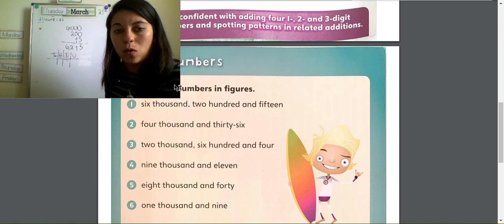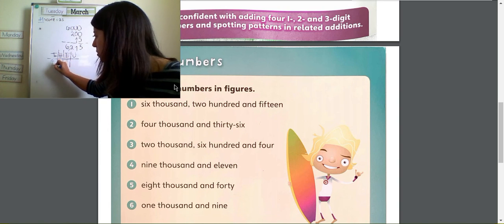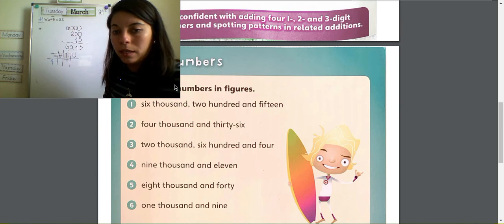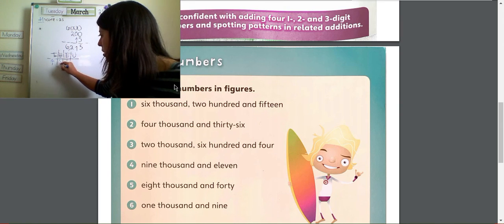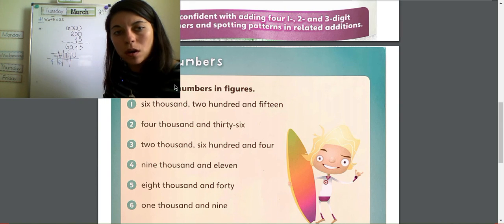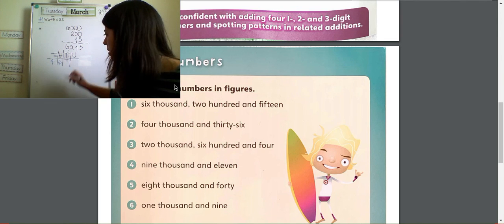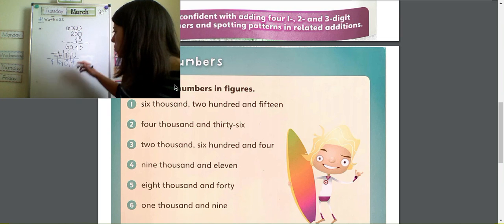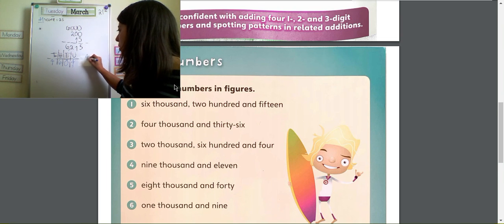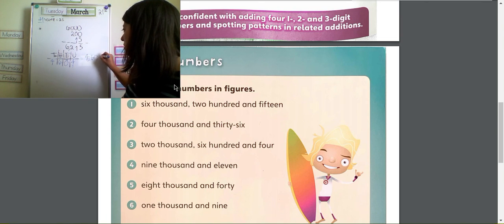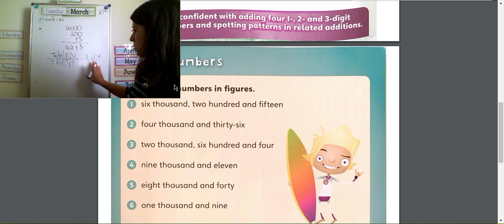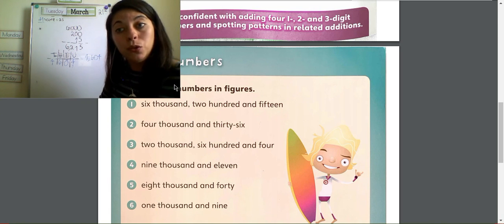It says 4,000, 600. And then it says 4. So there are no tens. This is a 0 and this is a 4. So that would be 4,604. Do you see it there?